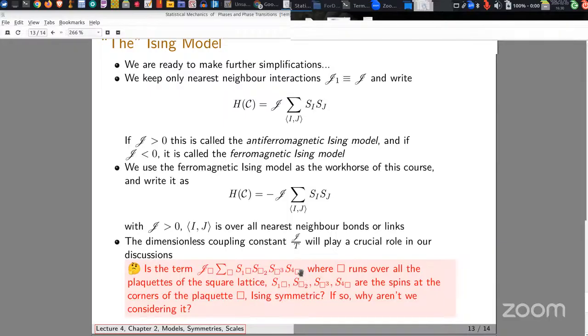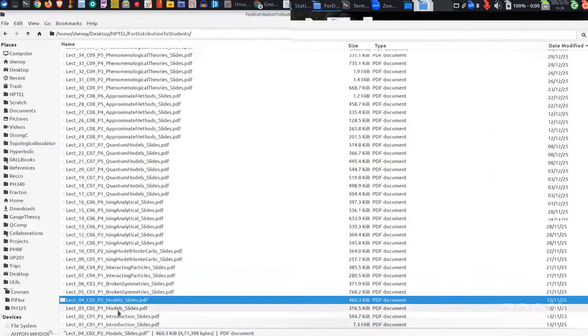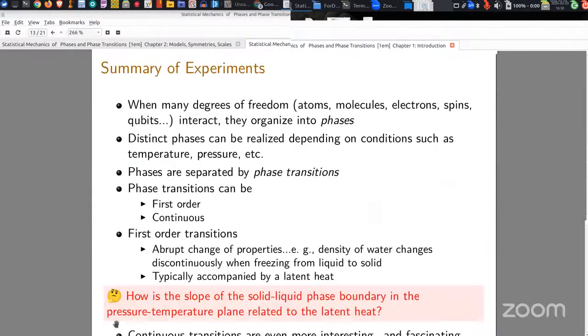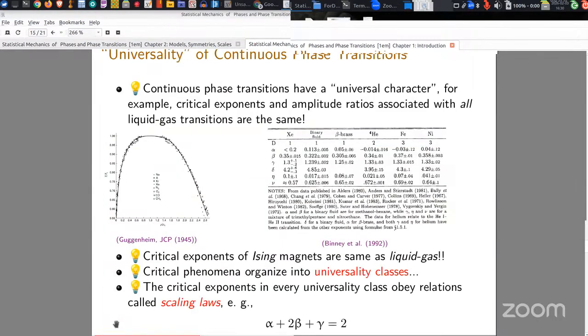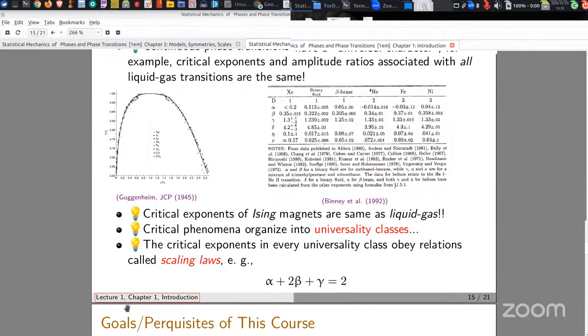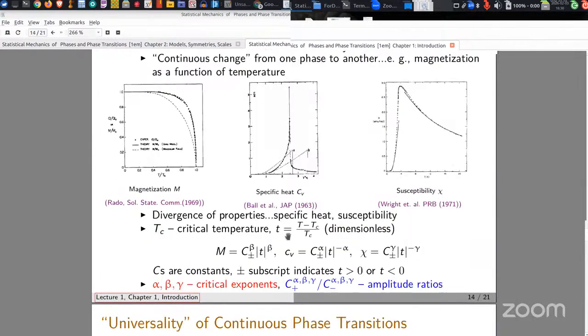Maybe I will pull up the earlier slides, the first lecture. The interesting thing is that if you define something called a reduced temperature, little t, defined as T minus Tc, then you will see that these things have a universal character.